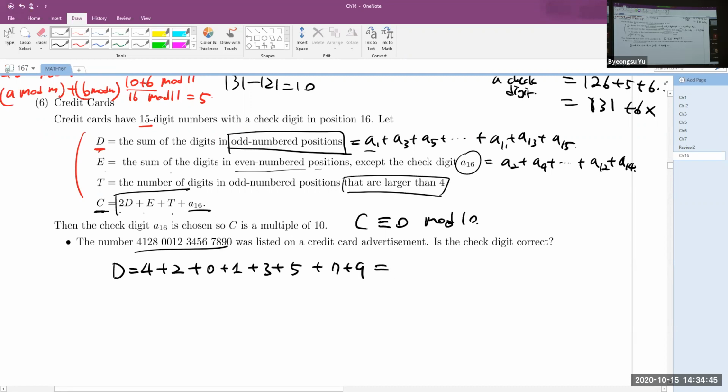If you add all the numbers, 4 plus 2 is 6, and 1 plus 3 is 4, 5 plus 7 is 12, and plus 9. 6 plus 4 is just 10. So it is 10 plus 12 plus 9, so it is 22 plus 9, 31.